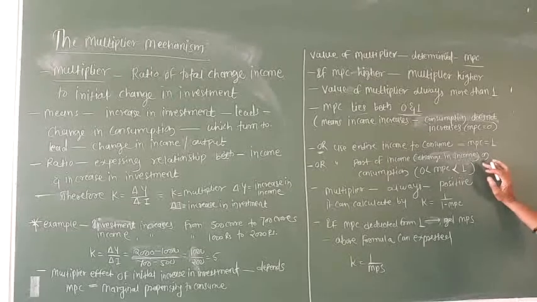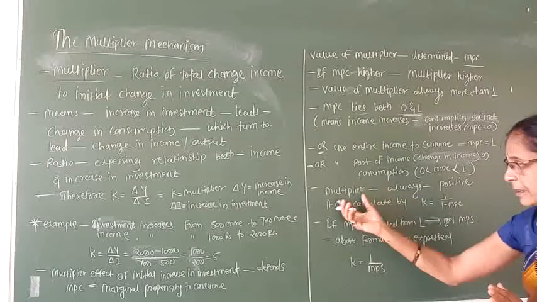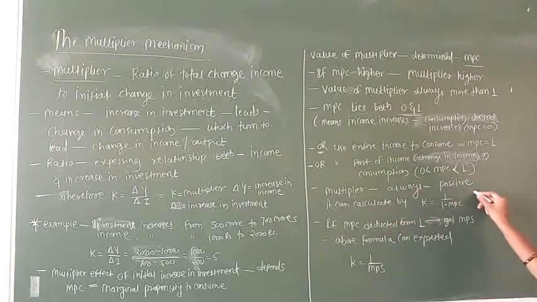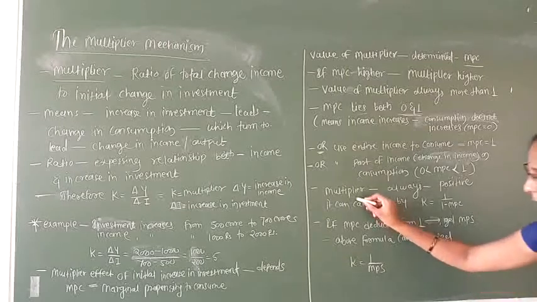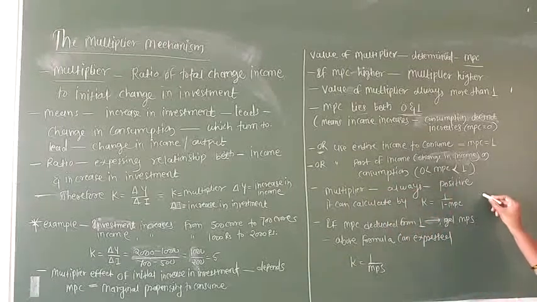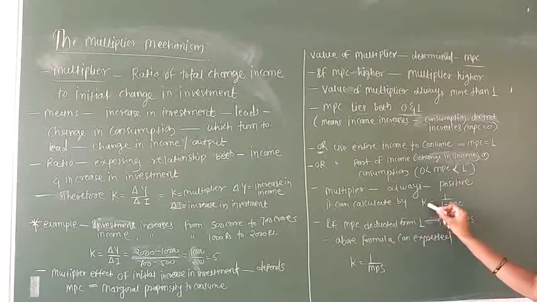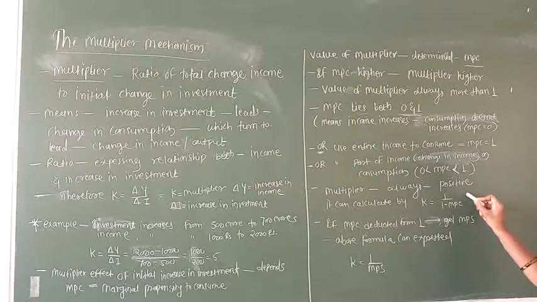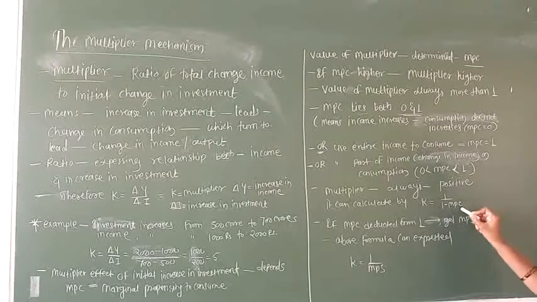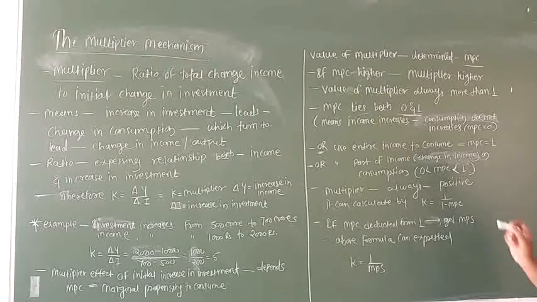And students, the multiplier is always positive. It can be calculated by K is equal to 1 divided by 1 minus the marginal propensity to consume, that is MPC.